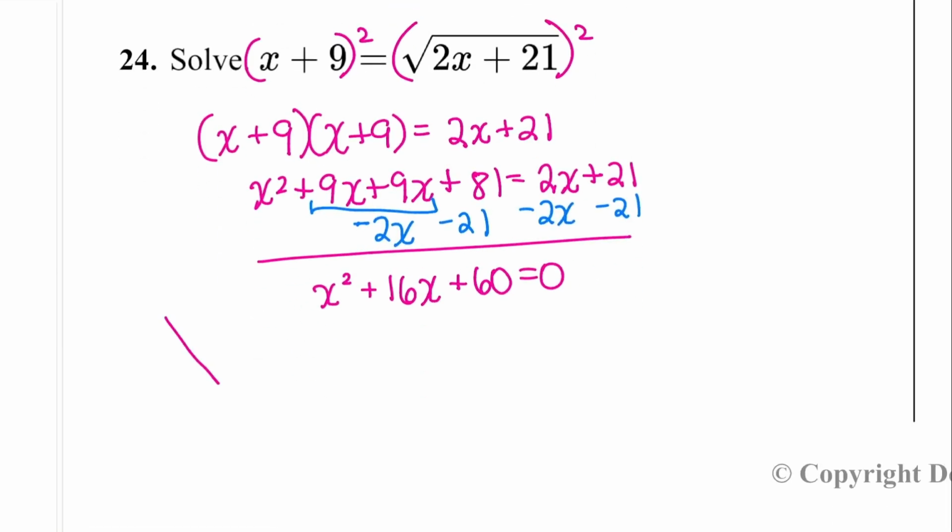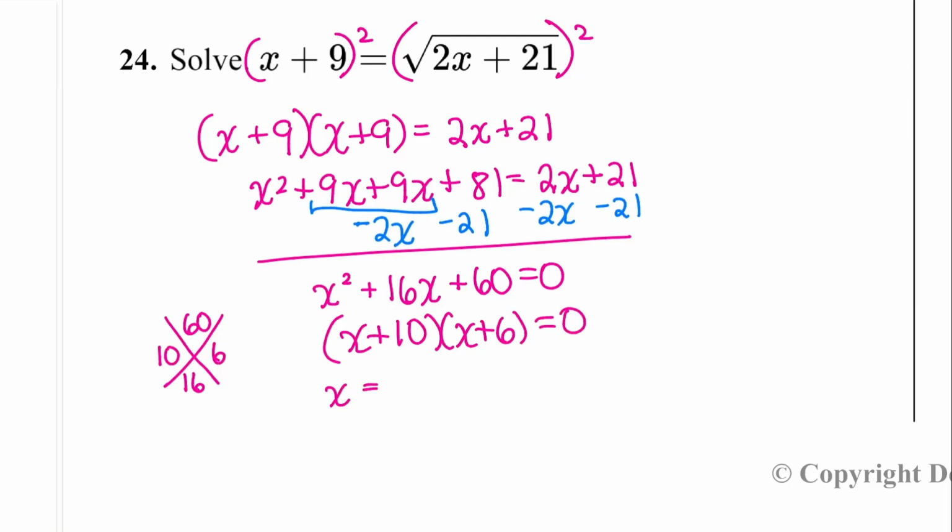Now we can factor this by playing the x game. We're looking for factors of 60 that add to 16. So it's going to be 10 and 6. Now we can go ahead and set both of our factors equal to 0 and solve for x.